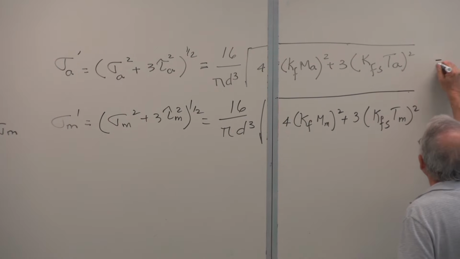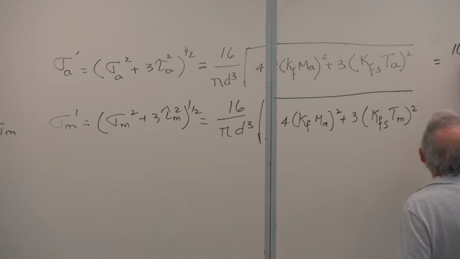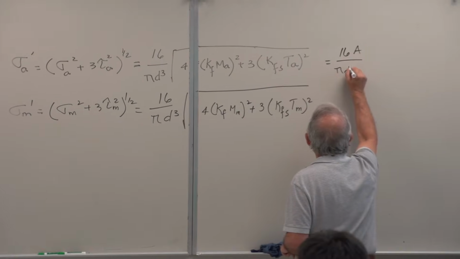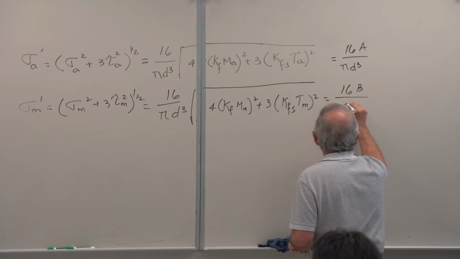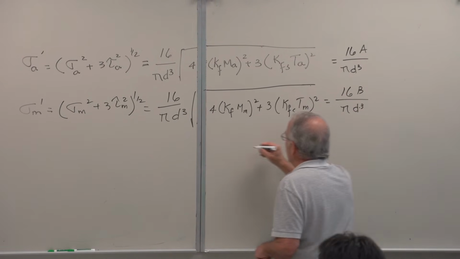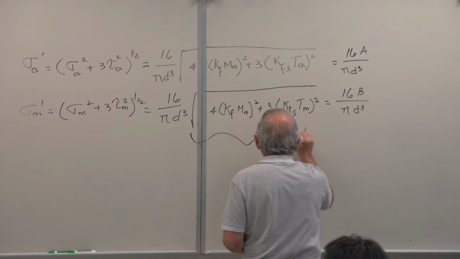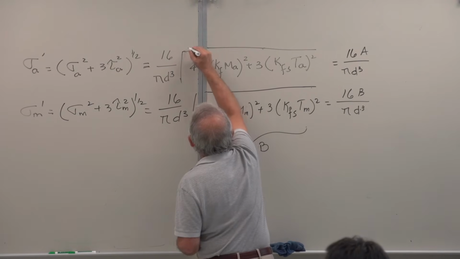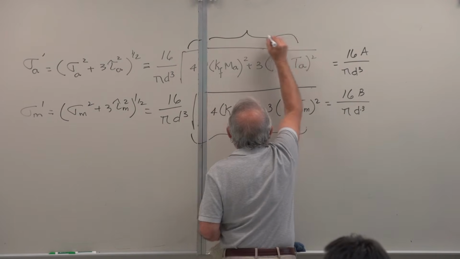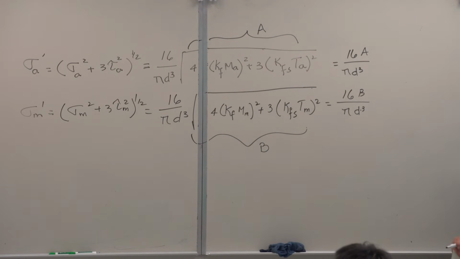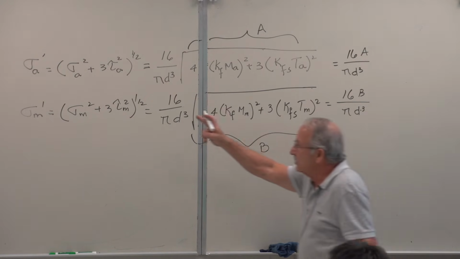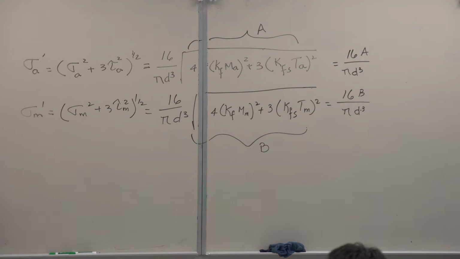We'll call this 16a divided by pi d cubed. We'll call that 16b divided by pi d cubed, where b is this radical, a is that one. These are my two stresses, alternating and mean.